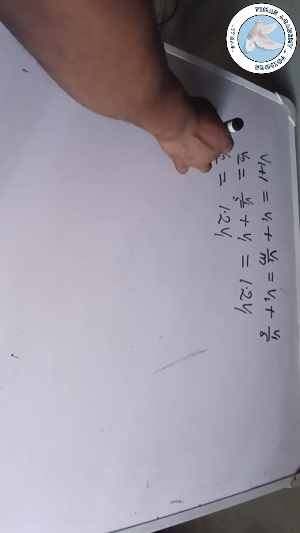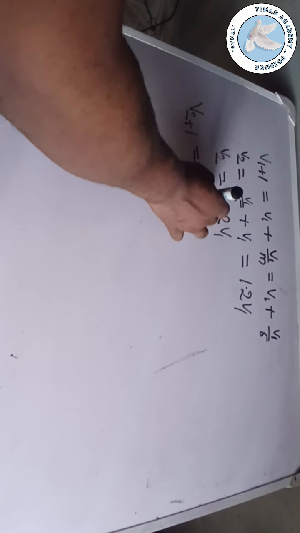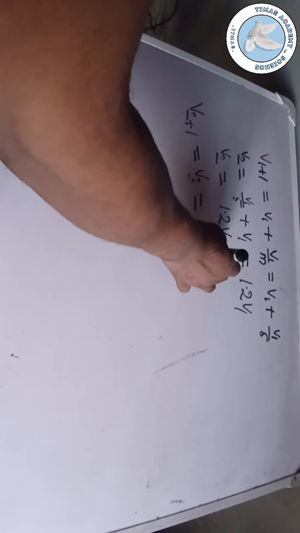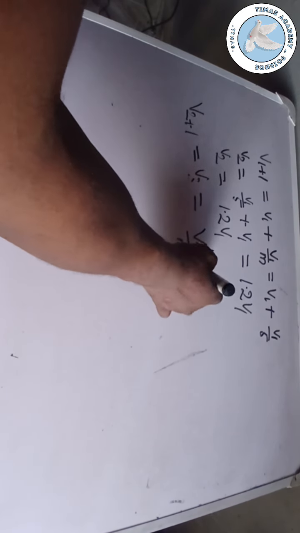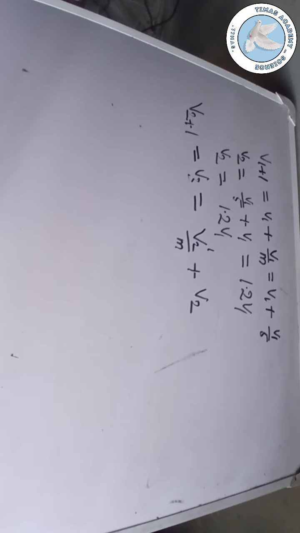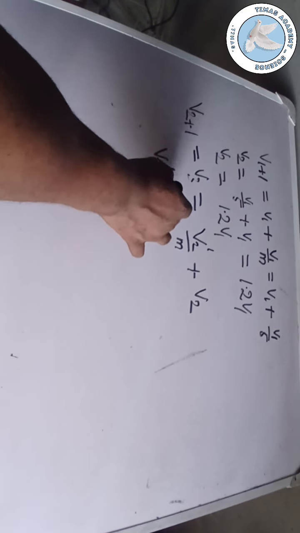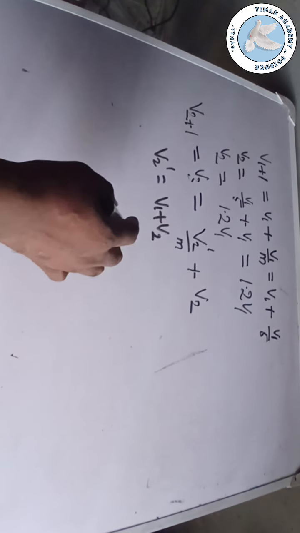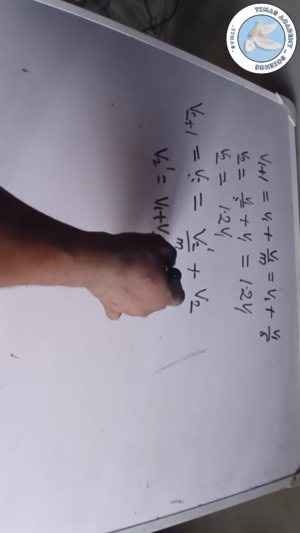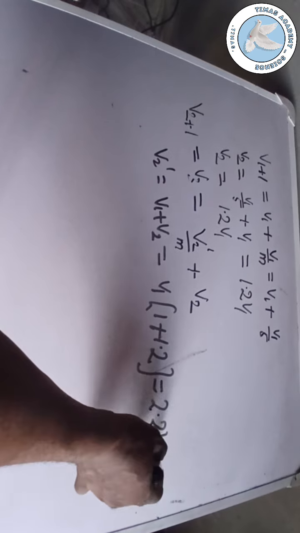What about unit 3? V2 prime is going to be V1 plus V2, and this gives us V1 into 1 plus 1.2, so that is 2.2 V1.